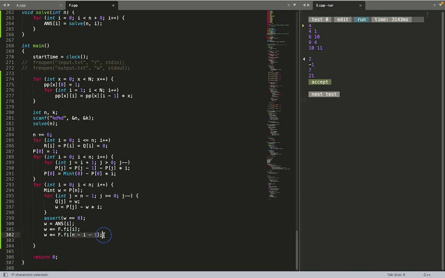But these guys are actually negative, so if n minus i minus 1 is odd, then we need to multiply it by minus 1.